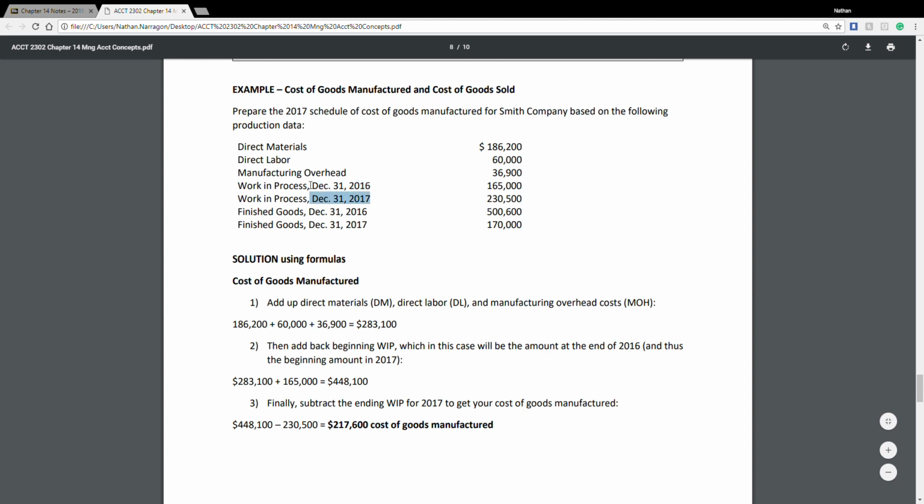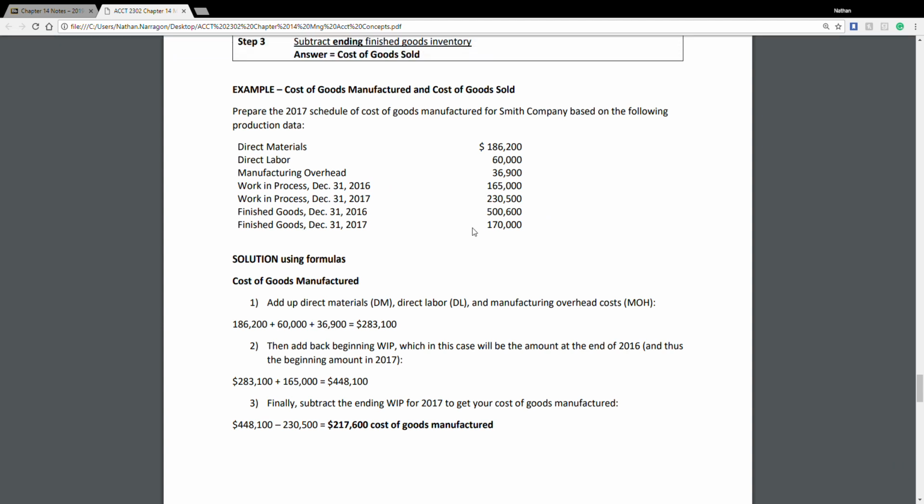If we're looking at beginning, it's not going to change from December 31st, 2016 to January 1st, 2017. So this is going to be our ending balance, this is our beginning balances, and these are our ending. So again, we're going to first calculate cost of goods manufactured.